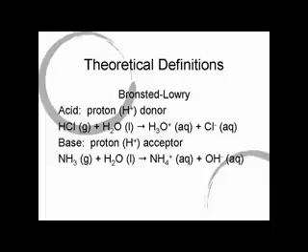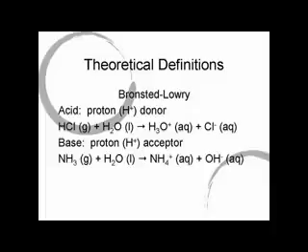And this is a definition that came about because H plus does not exist independently in water. H plus always joins with a water molecule to form the hydronium ion. So the Bronsted-Lowry is a newer definition and a more correct definition of what an acid is.